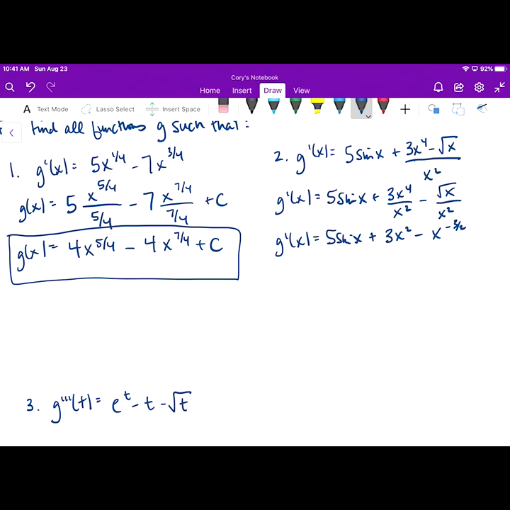Now that we have g prime written in that form, we can take the antiderivative term by term. I can pull 5 out front. The antiderivative of sine is negative cosine, so that becomes negative 5 times the cosine of x plus.